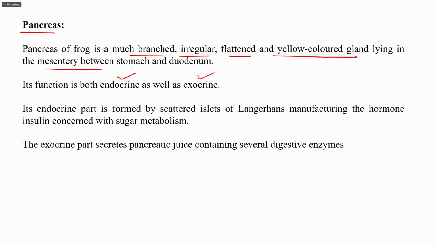Its endocrine part is formed by the scattered islets of Langerhans, just like humans, that manufacture the hormone insulin that regulates sugar metabolism. And the exocrine part secretes pancreatic juice, which contains several digestive enzymes helping in the digestion of food.